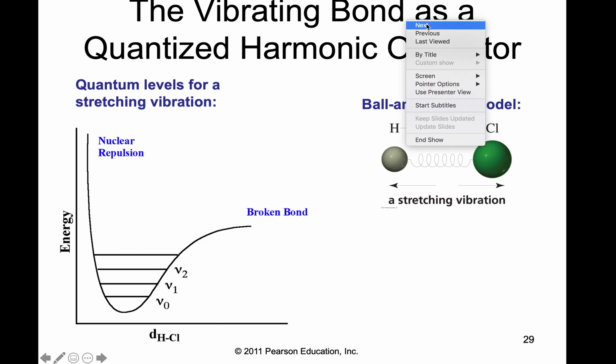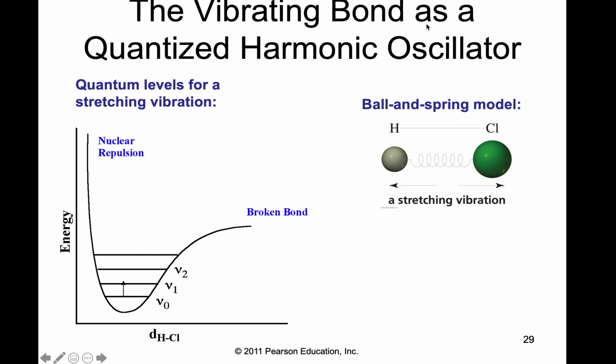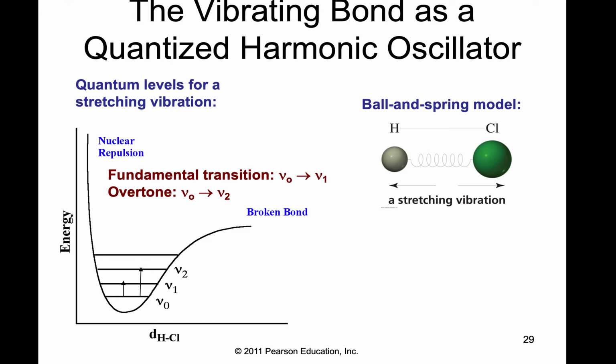And of course, you keep stretching until you break the bond. The fundamental transition that we're going to look at would be the initial V0 going to V1. Ground state, and you get to the right wavelength. Then overtone is when you go from V0 to V2.